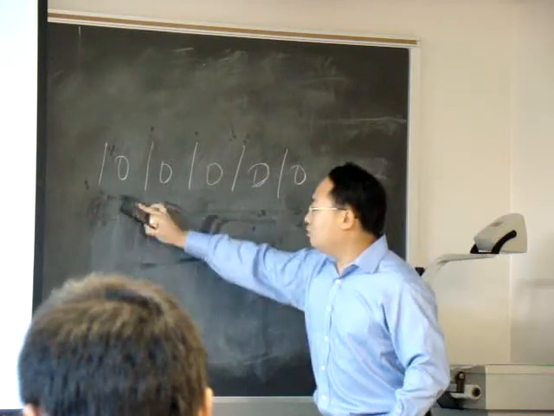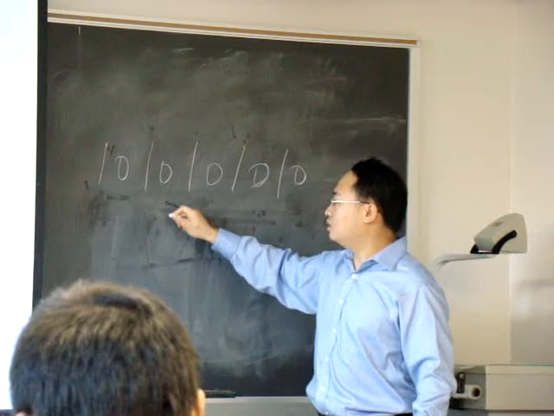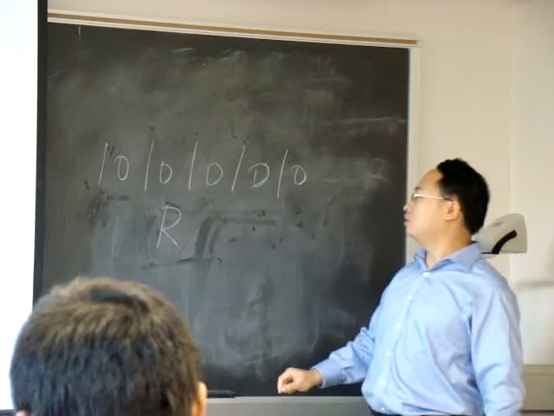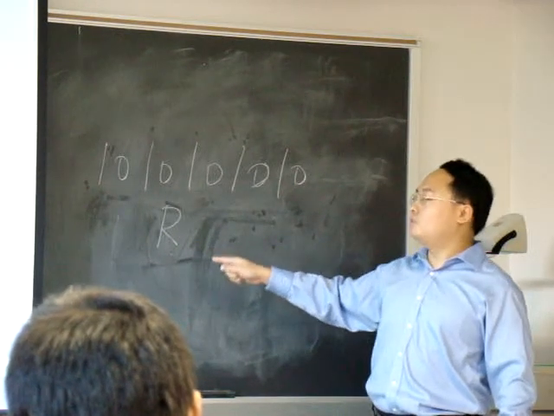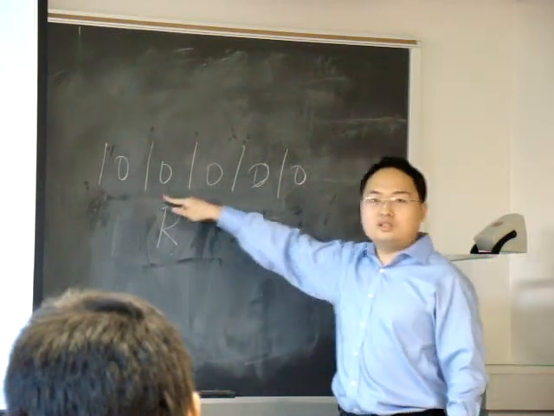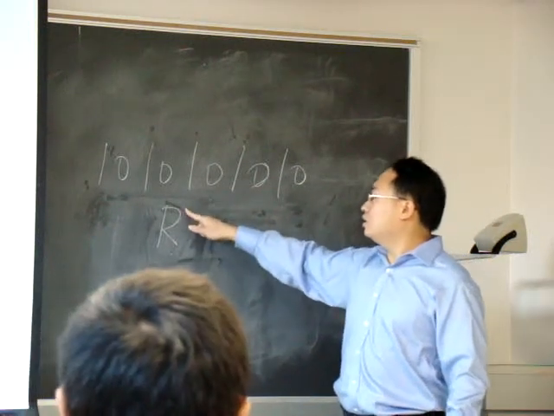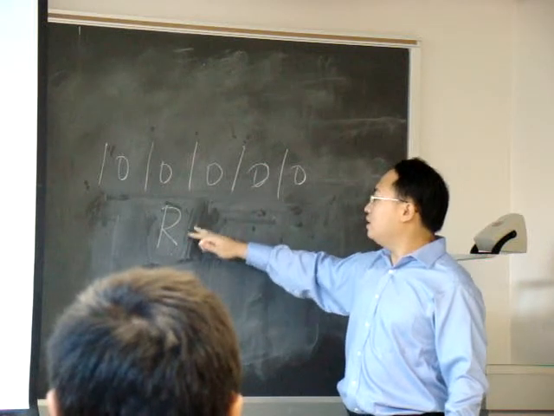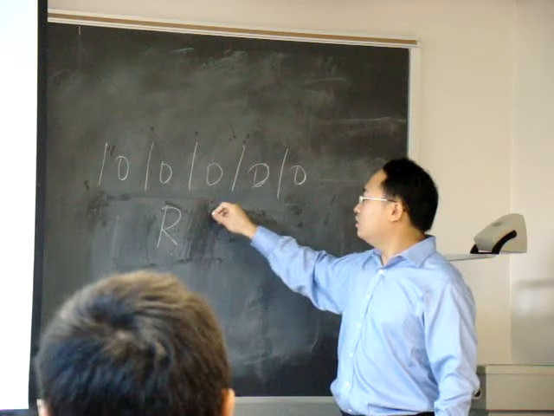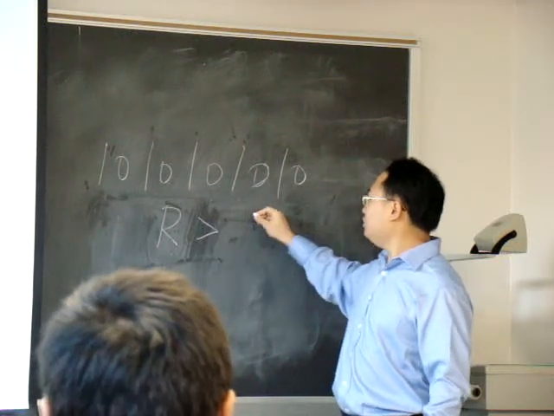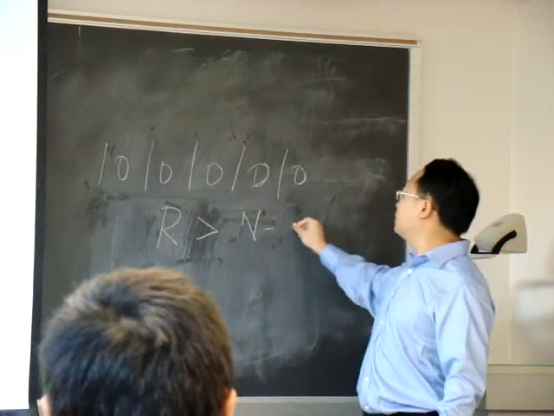And the ratio of compression, we use R to indicate the ratio of compression. As the sequence grows as large as infinity, a mathematician assumes that this ratio will never exceed the length of the sequence minus a constant.